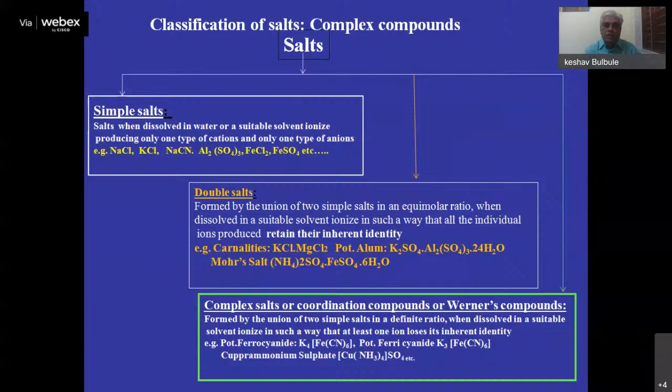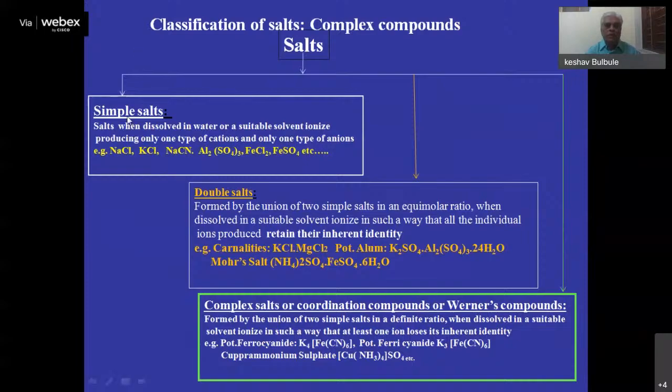Now, the last phase of this presentation is what salts are, and how salts are classified as simple salts, double salts, and complex salts, or otherwise more popularly known as coordination compounds or Werner's compounds.